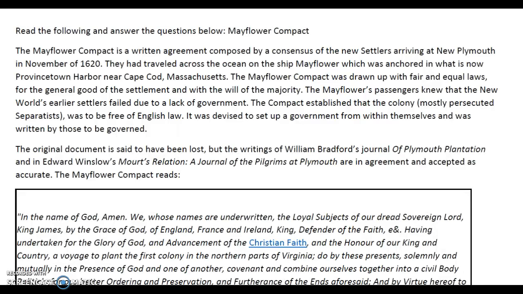The Mayflower's passengers knew that the New World's early settlers failed due to lack of government. The compact established that the colony, mostly persecuted separatists, was to be free of English law. It was devised to set up a government from within themselves and was written by those to be governed.